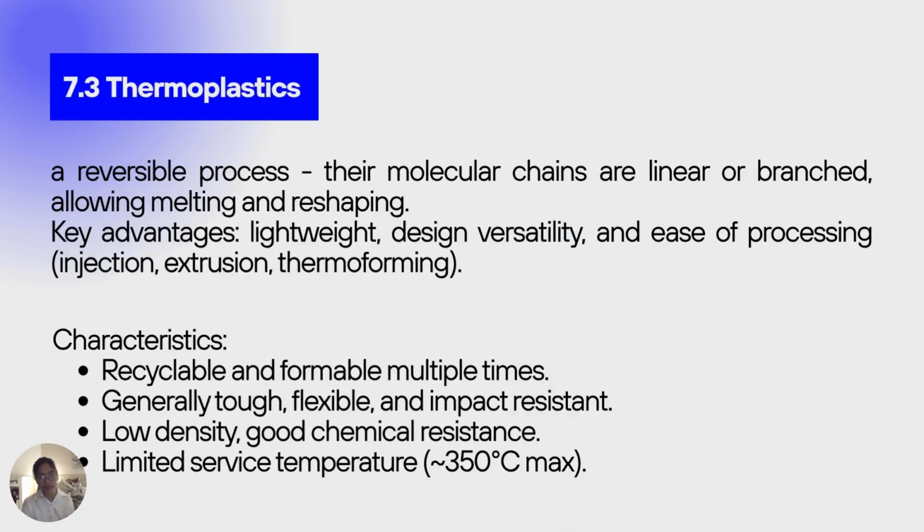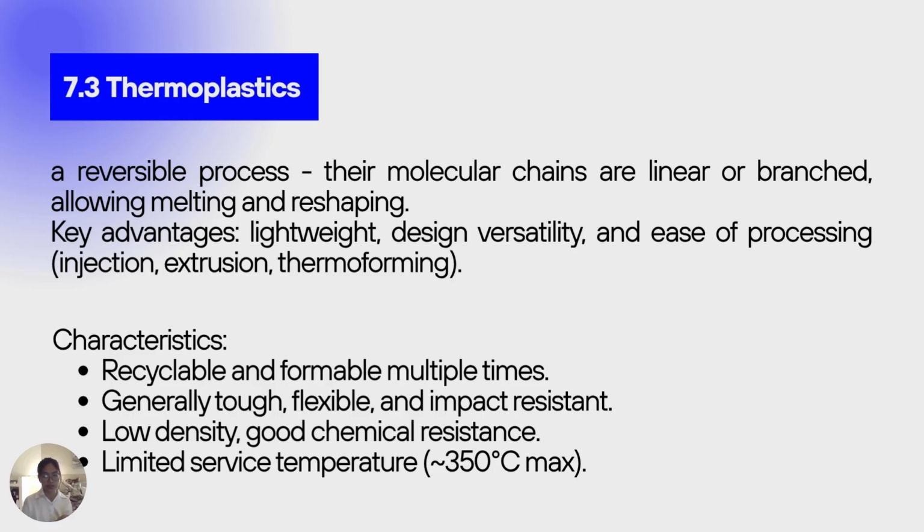7.3 talks about thermoplastics, one of the two major categories of synthetic polymers. Thermoplastics are polymers that soften when heated and harden when cooled, a reversible process. Their molecular chains are linear or branched, held together by secondary bonds that weaken upon heating and reform upon cooling.